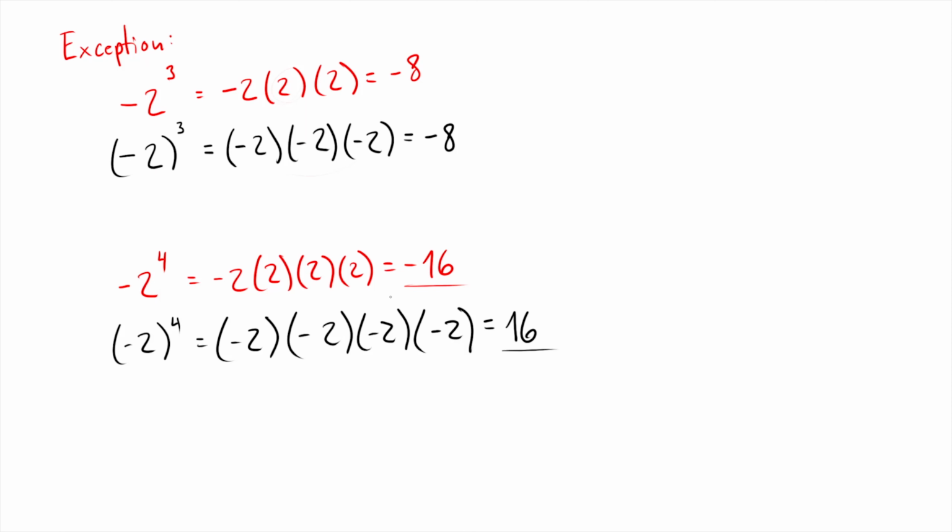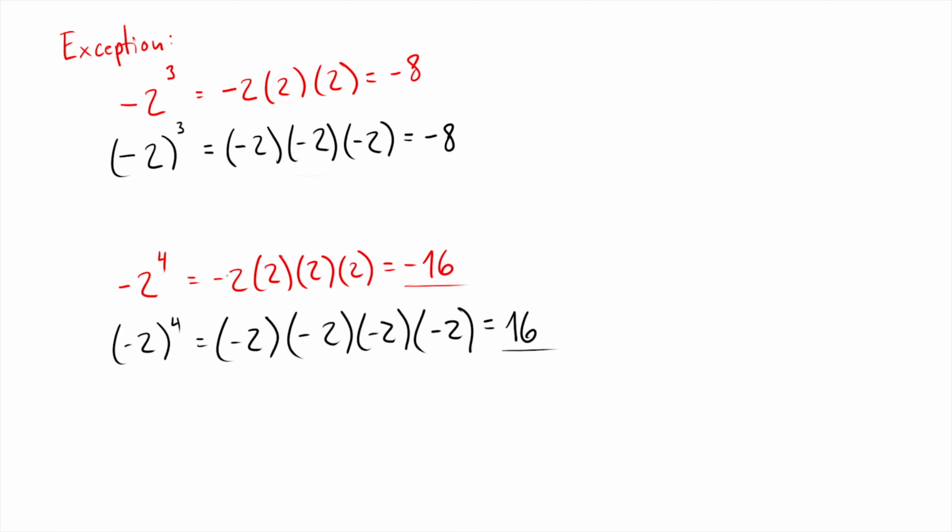Really what this is telling us is that if we don't put brackets around our base, our answer will always be negative, because we'll always have one negative number followed by however many positive numbers the exponent tells us.